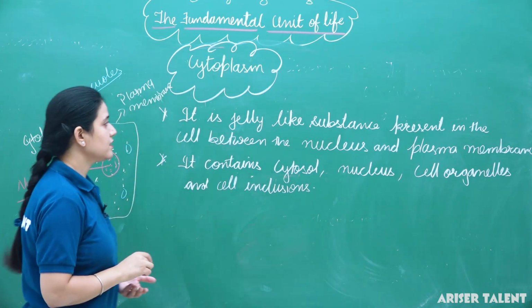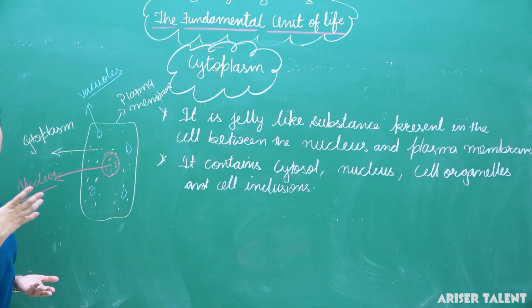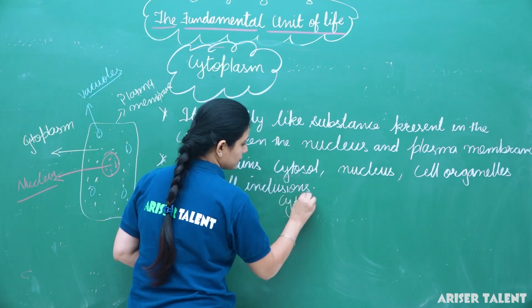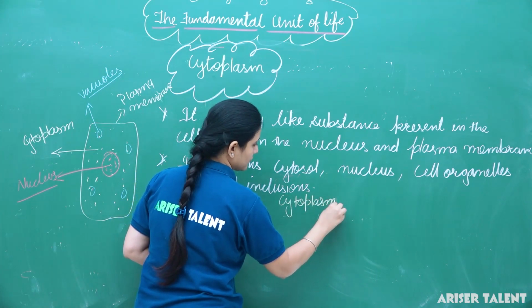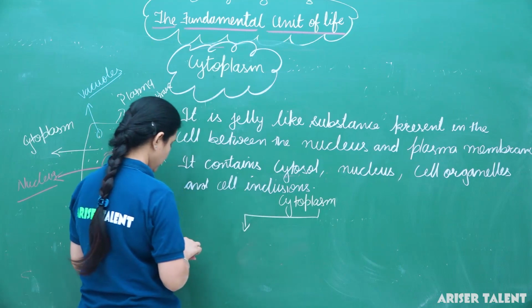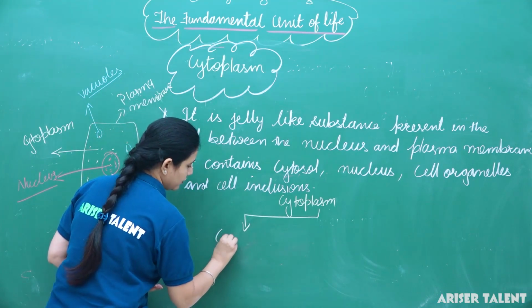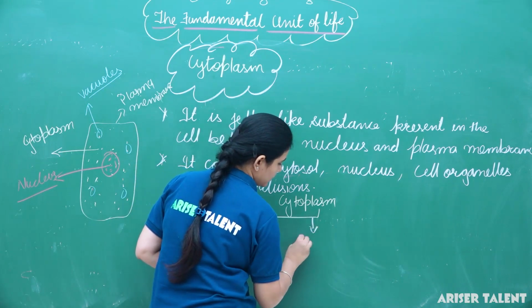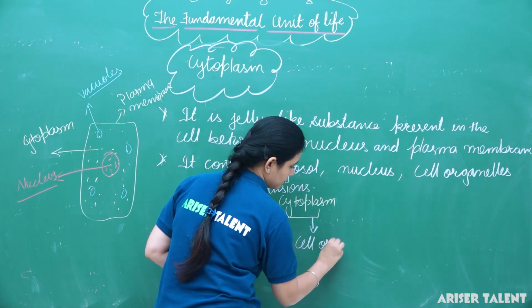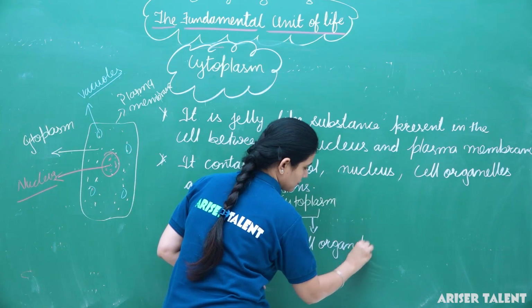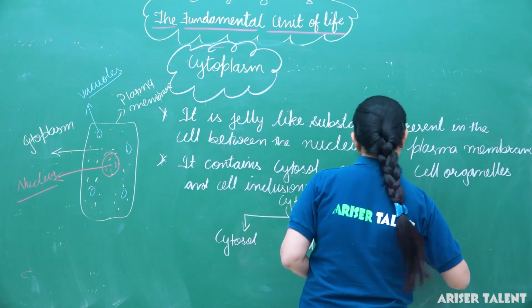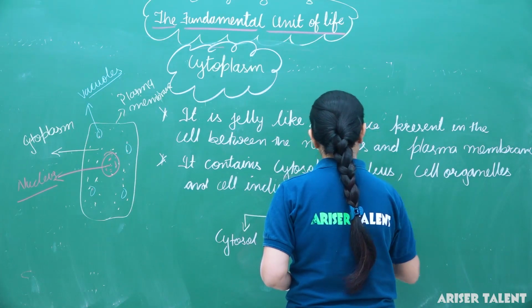Okay, now we can say that a cytoplasm has generally three parts or three components. Cytoplasm mainly contains three components. What are they? Cytosol, cell organelles, and cell inclusions.